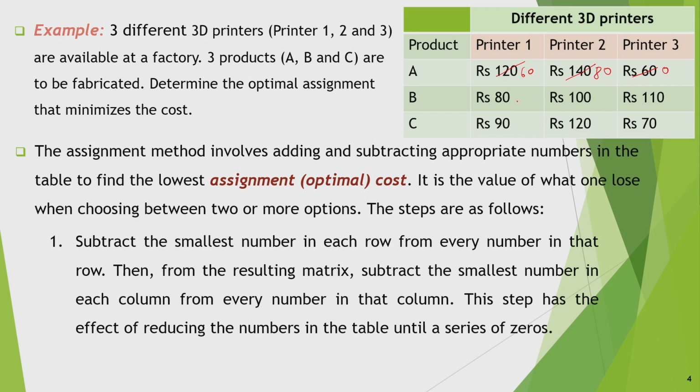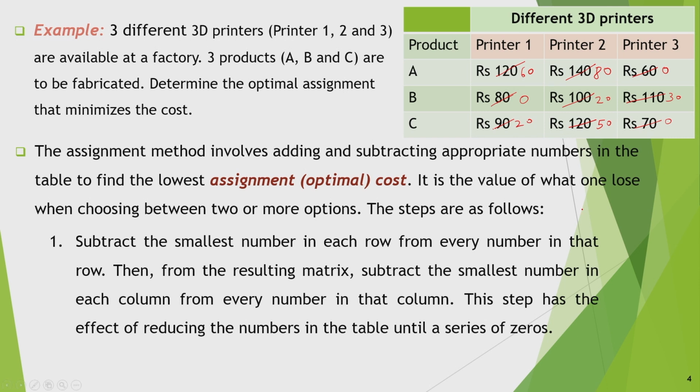Similarly, I will do that for this row also: 80, it will become 0. This will become 20; 20 more than the minimum, this is 30, and here this is 70, so 70 becomes 0, this is 20, this is 50, right?